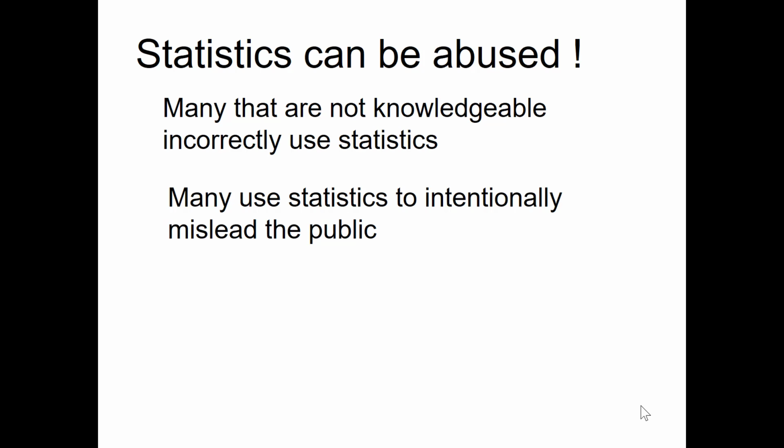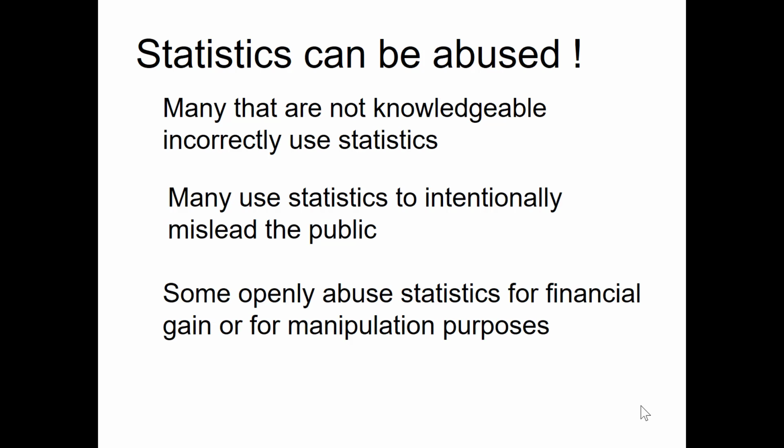But oftentimes statistics are intentionally used to mislead the public. Look at all the polls that you see that come out where you're not told what the questions are. A hypothesis test is going on, but you're not told what the hypothesis test is and so forth. But yet you're having the press or other people interpret the results for you. So that's a situation where statistics are used to intentionally mislead the public.